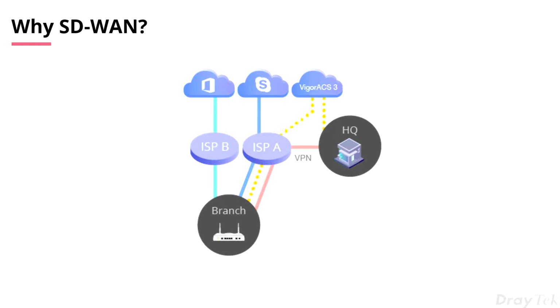Also, there's often a hybrid type structure where people have kind of an on-premise or private cloud or kind of servers in their HQ, and also have a combination of kind of cloud services from various providers that they're consuming. And it's important to be able to understand how your internet connections are performing, and also select the correct internet connection for each of your applications and be able to control the routing.